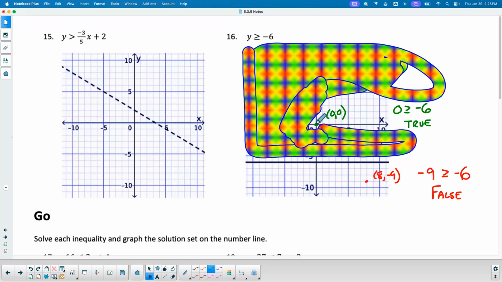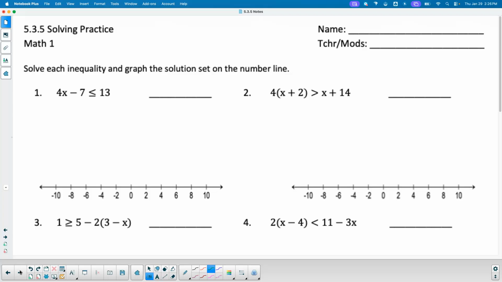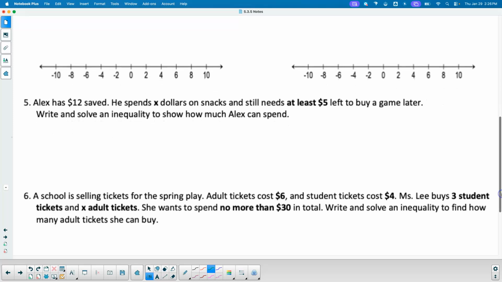Origin. Okay. Handle? Love it. Okay. Fast forward now to tonight's homework. I want to do 2 problems from your homework for tonight. The first problem that I would like to do from your homework tonight would be number 5.